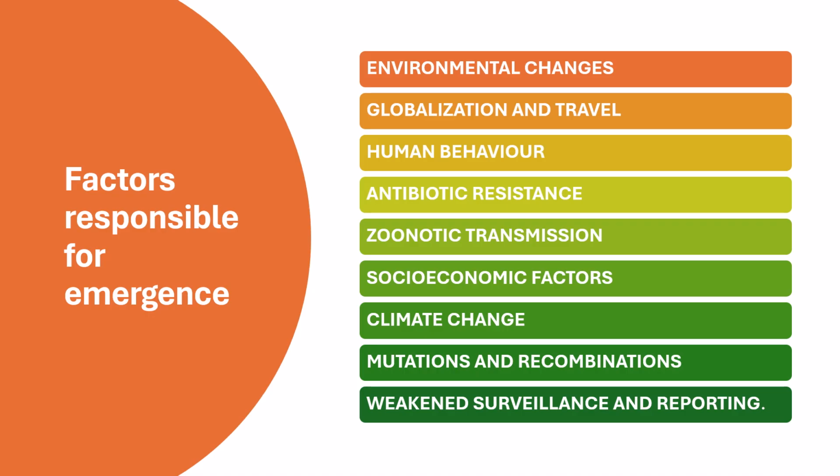Weakened surveillance and reporting, vaccination gaps, then certain cultural practices, dietary choices. So these are some of the factors that are crucial for emergence of diseases, and understanding these factors is important for implementing effective public health strategies to prevent and control the emergence of infectious diseases.